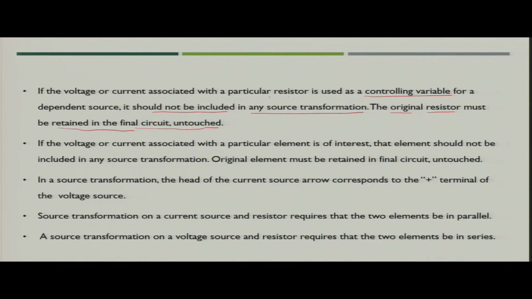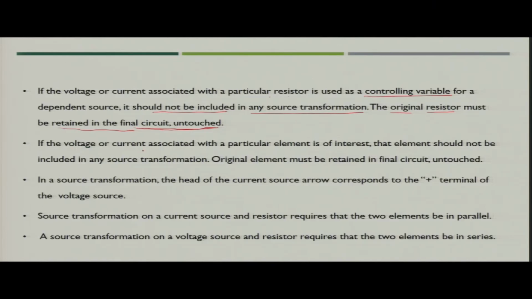Generally, when we see dependent voltage or current sources, the current across a particular resistance or voltage across the resistance would depend upon those parameters. So, we try to keep those parameters untouched.